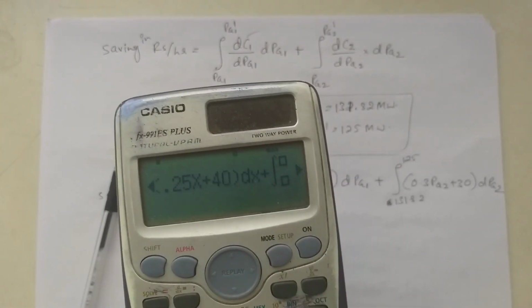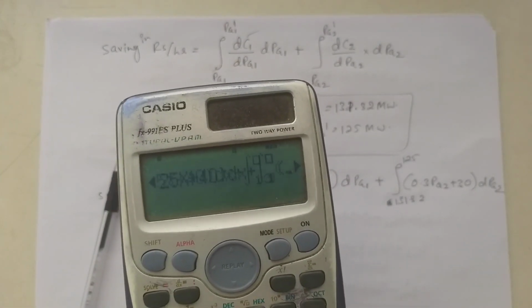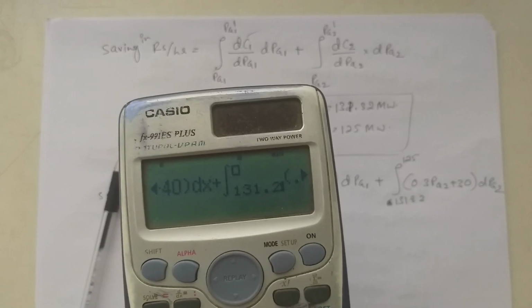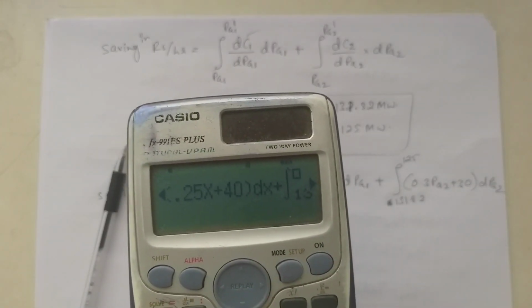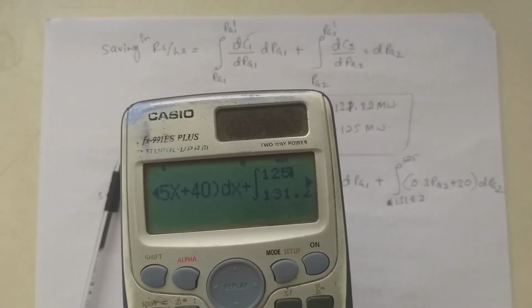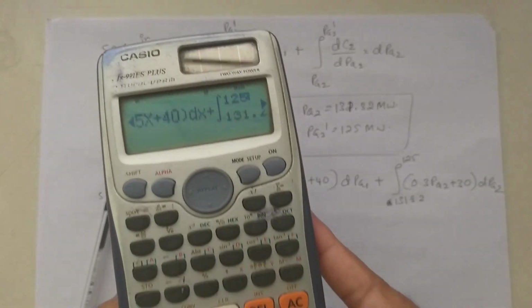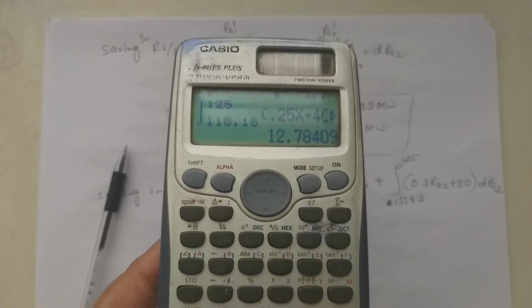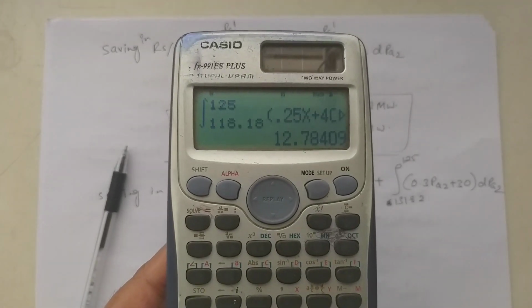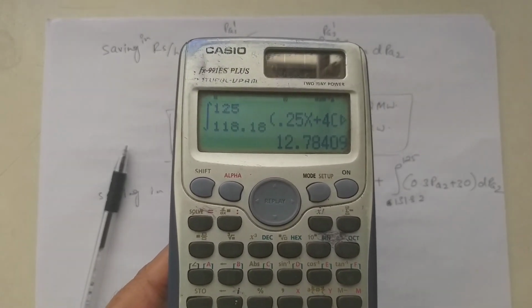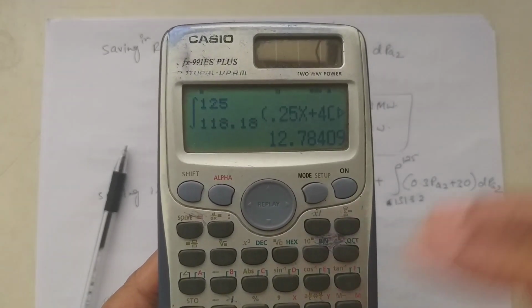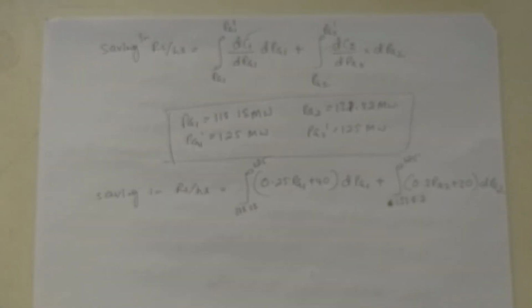First limit is 131.82, second limit is 125. Press equals, we get 12.784 rupees per hour.